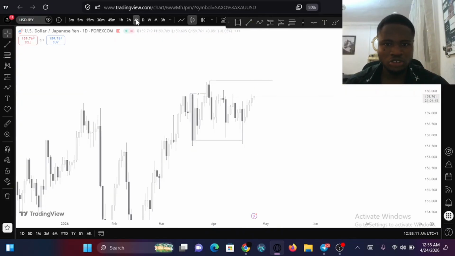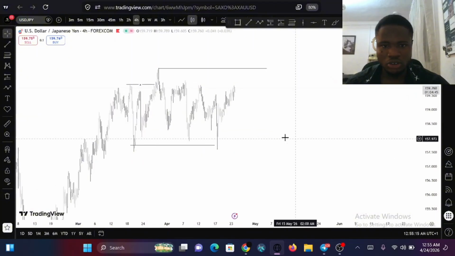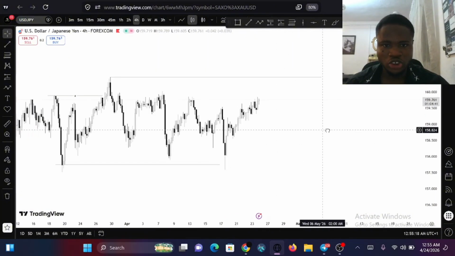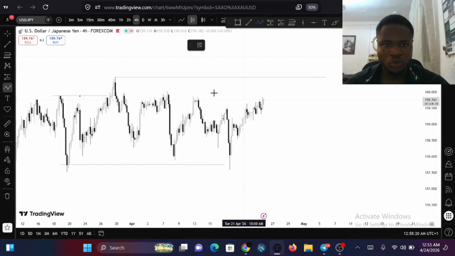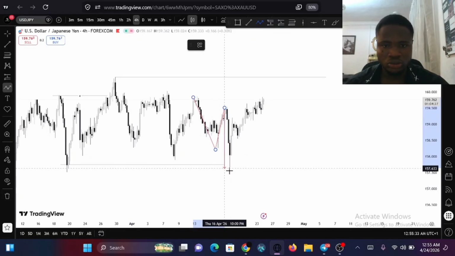If you drop down to your 4-hour time frame, we have the structure like this. We have this high created, this low created, this high, and then price tapped on our demand zone, or a support level, whichever you want to use.